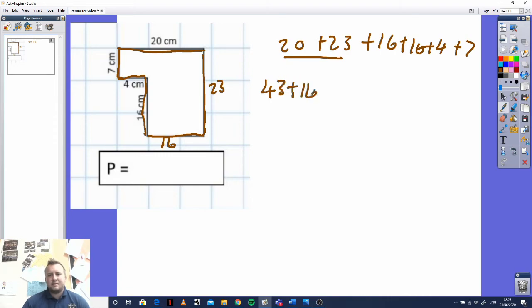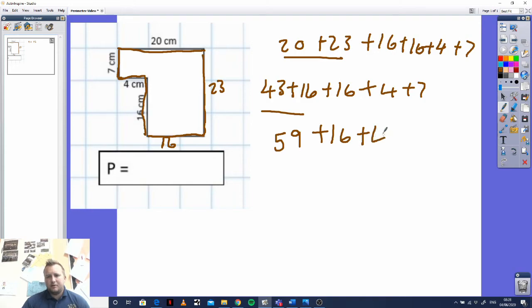43 plus 16 plus 16 plus 4 plus 7. Do the next two: 43 plus 16. Let's split it up. 3 plus 6 is 9, 4 plus 1 is 5. See how I just added the two different place values. Plus 16, because I've still got to do that one, the 4 and the 7. Let's add this one over here. 6 plus 9 is 15.